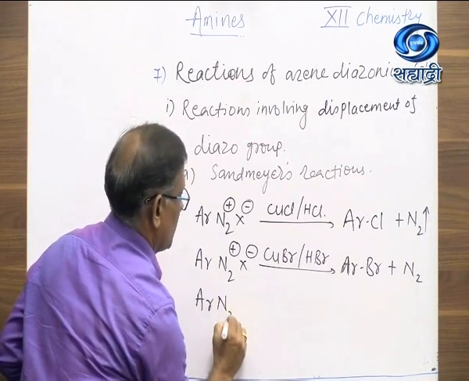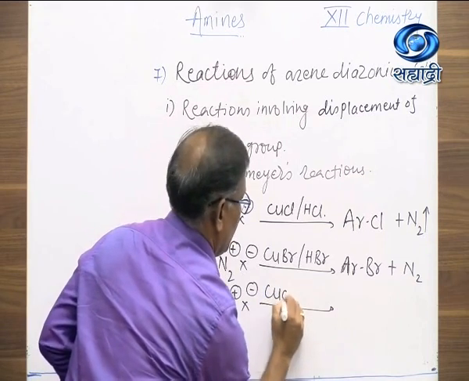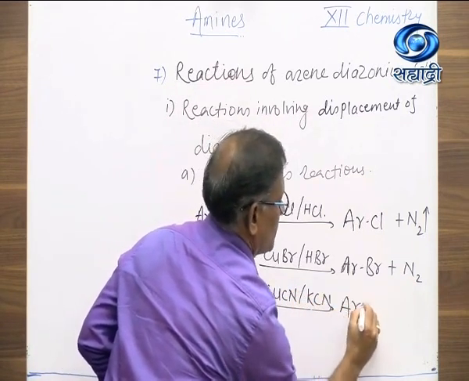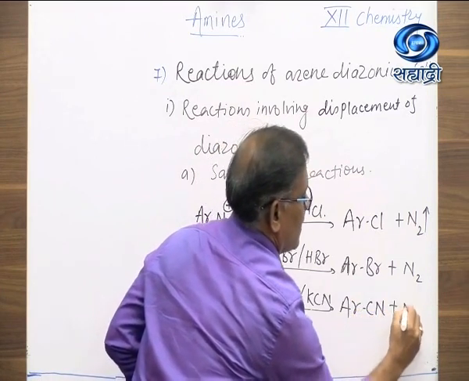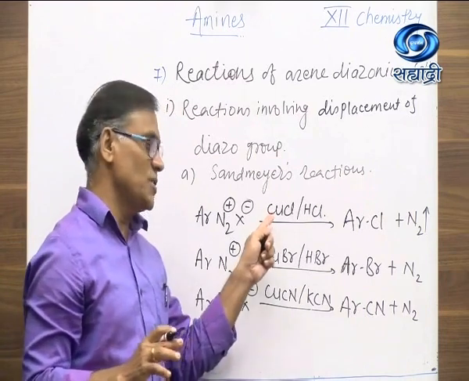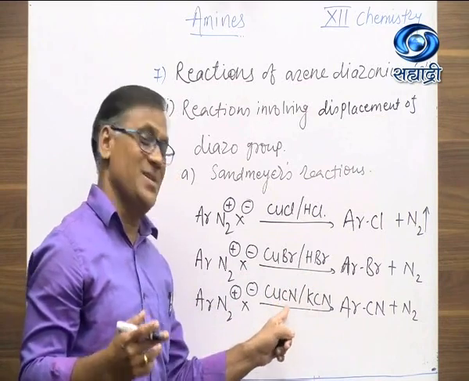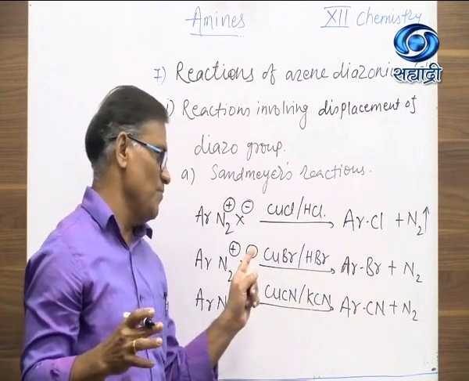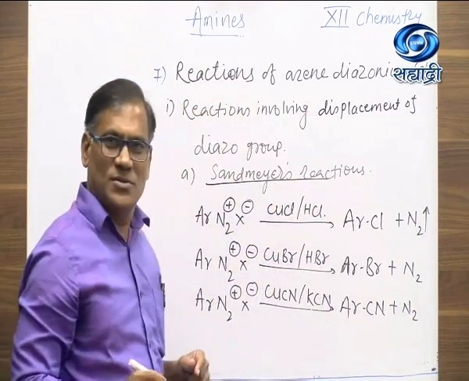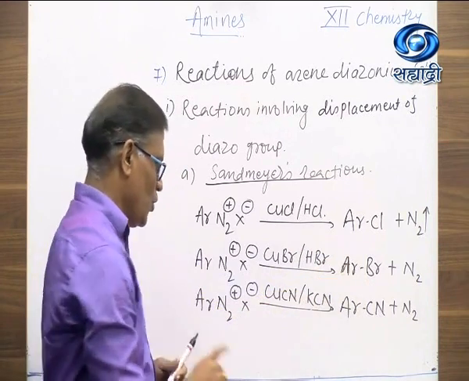If we carry out this reaction with cuprous cyanide and KCN, it gives cyanobenzene and nitrogen gas. So students, important thing, if we use cuprous chloride and HCl, cuprous bromide and HBr, cuprous cyanide and KCN, then the reaction is called as Sandmeyer's reaction. Have you understood? Product is same, that is chlorobenzene, bromobenzene, cyanobenzene.